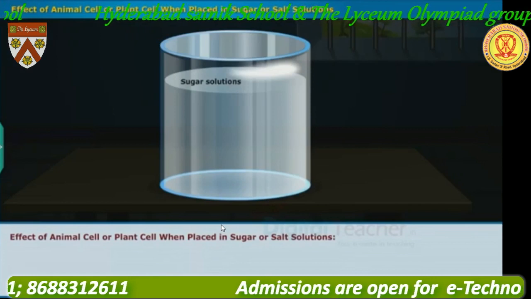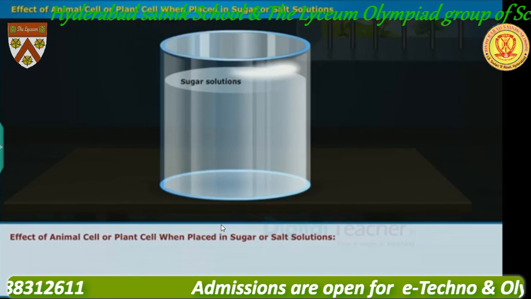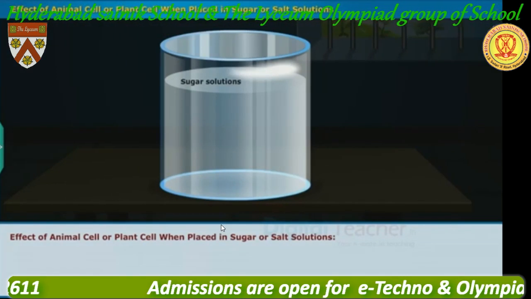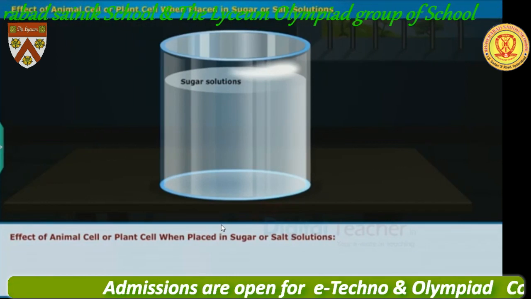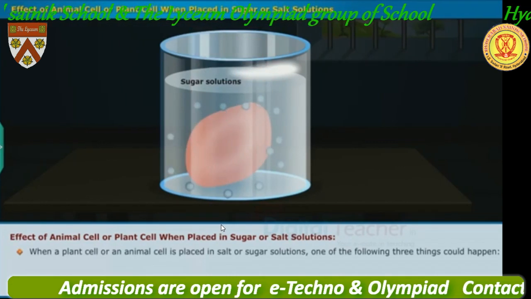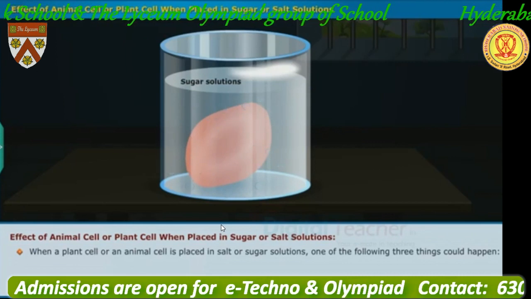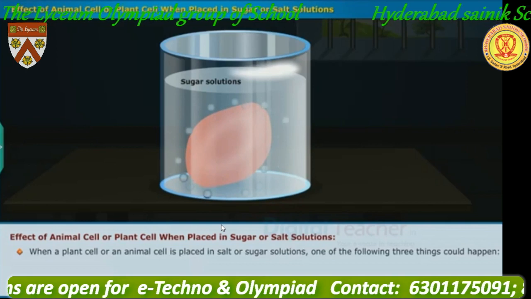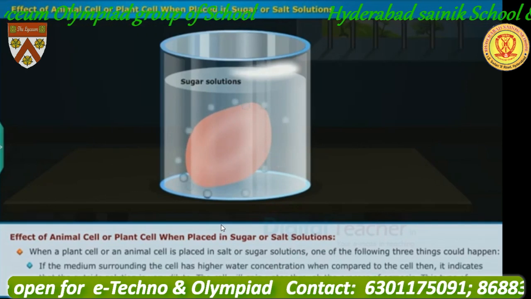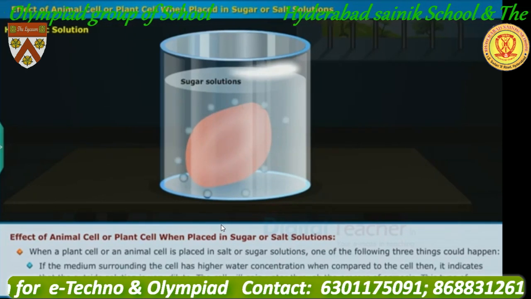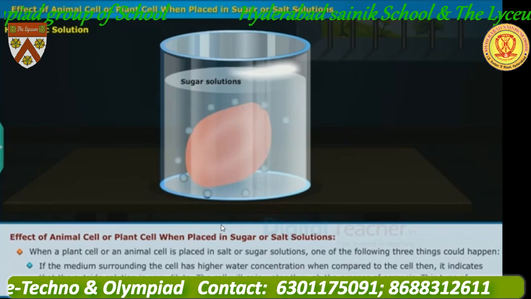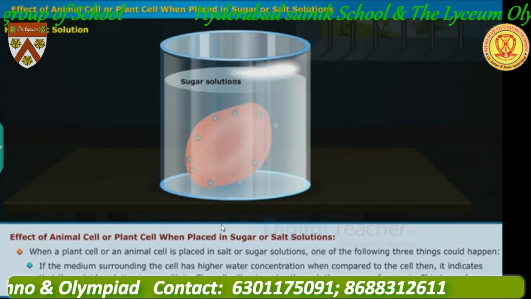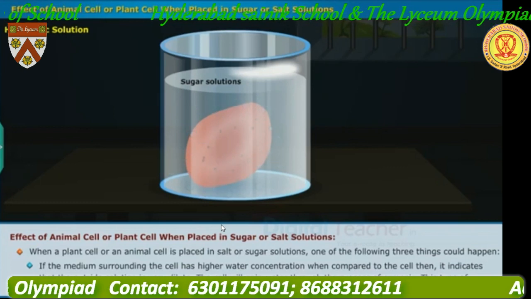Now let us study about the effect on an animal cell or plant cell when placed in sugar or salt solutions. When a plant cell or an animal cell is placed in salt or sugar solution, then one of the following three things could happen. If the medium surrounding the cell has higher water concentration when compared to the cell, then it indicates that the outside solution is very dilute.